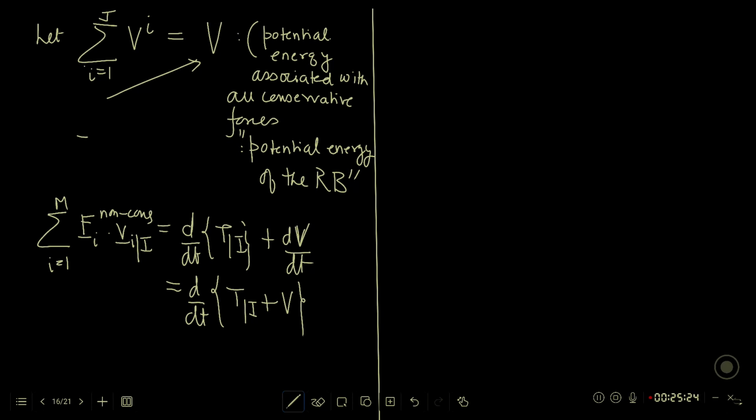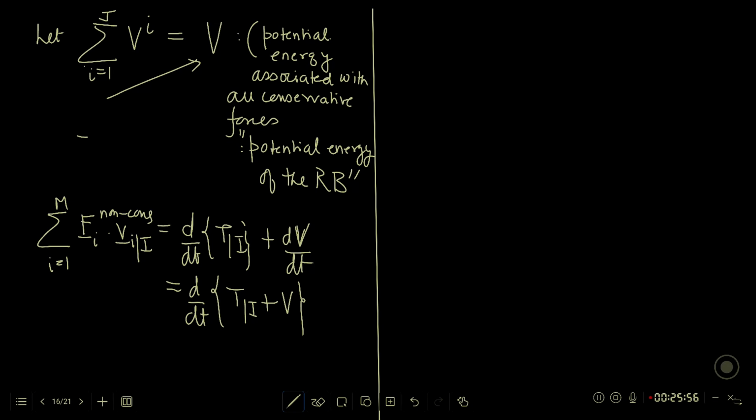The concept of potential energy doesn't fall from blue sky. It comes into our formulation based on what I have derived so far in today's class. It starts with the conservative force, then its potential function, then its rate of change, then you sum up all potential functions of all conservative forces, and you start calling it the potential energy of the system.